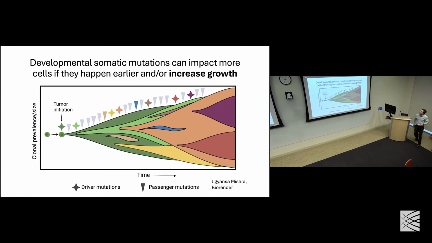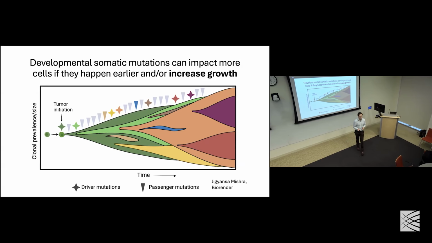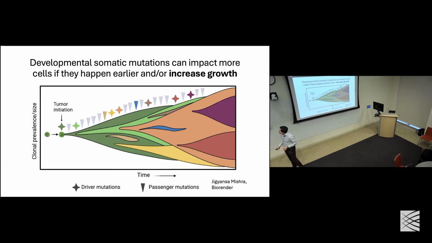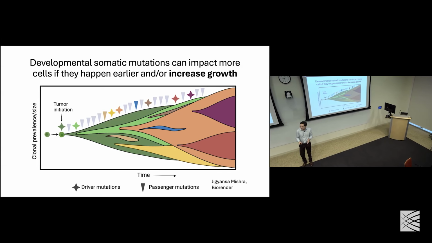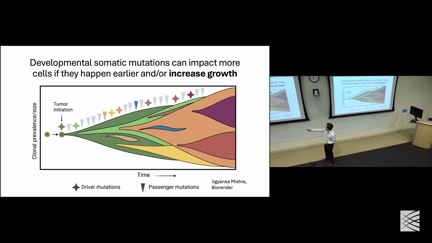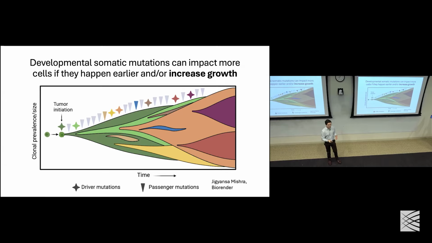Okay, we're good. So I mentioned developmental somatic mutations. The more popular example of somatic mutations is in tumors. And this is really illustrative of the second way that somatic mutations can have a really big impact. We're familiar with the idea that we could have a tumor initiation mutation in a regular cell that increases its ability to proliferate quickly.